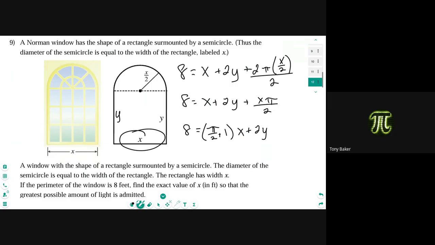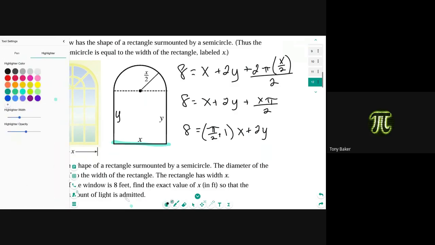Well, that is the bottom, but after you subtract, so you have x plus 2y's plus the semicircle. So that's the x. That's the 2 y's. And that's the semicircle.